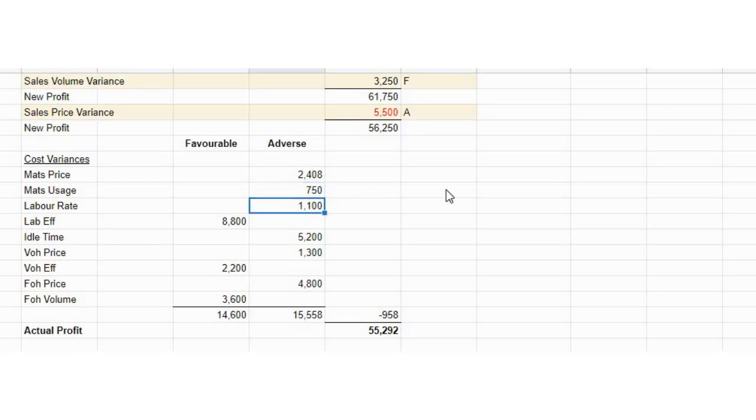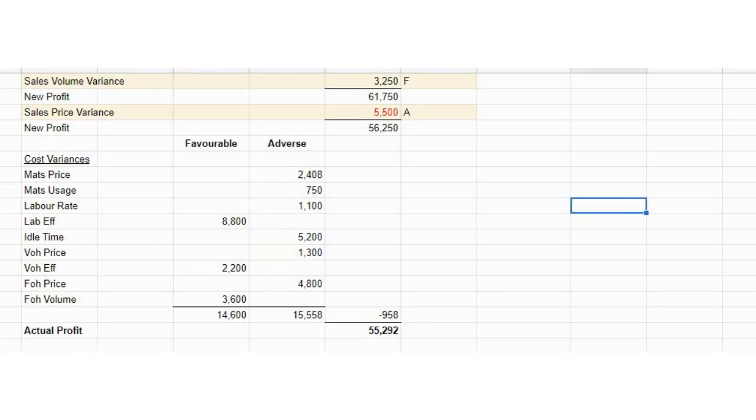Again, labour rate was adverse, meaning more was paid to labour than budgeted, but the labour efficiency was very favourable in fact, at 8,800. So for whatever reason the workforce worked faster. Of course there was some idle time, and so management might want to look into the reasons for that. The variable overheads have a relationship to labour, so having a favourable variable overhead efficiency variance is to be expected.